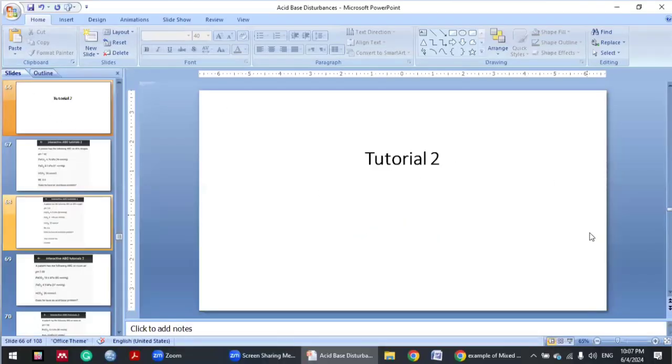Tutorial 2 is all about acid base balance and imbalance, because we have gone through all the exercises of acid base and the respiratory exercises are done. So that was all about our session. We are 15 minutes beyond our time, so I think we should end our session here.